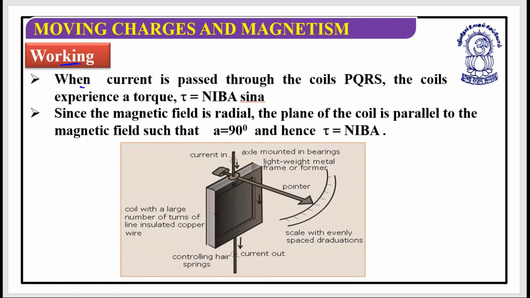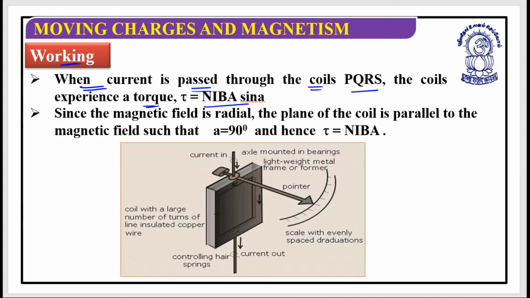So when current is passed through the coil PQRS, the coil experiences a torque equal to NIBA sin alpha. How this torque acts on it, we have just seen in the previous class, the torque acting on a current carrying coil.